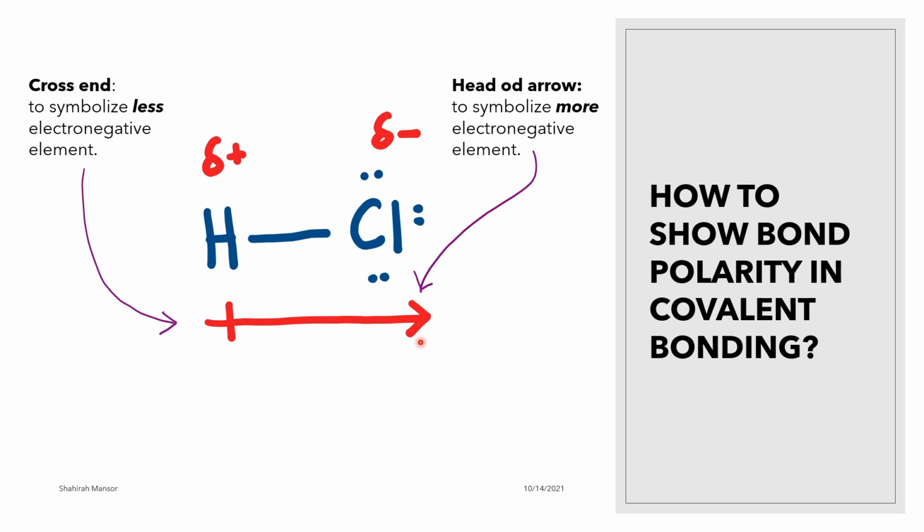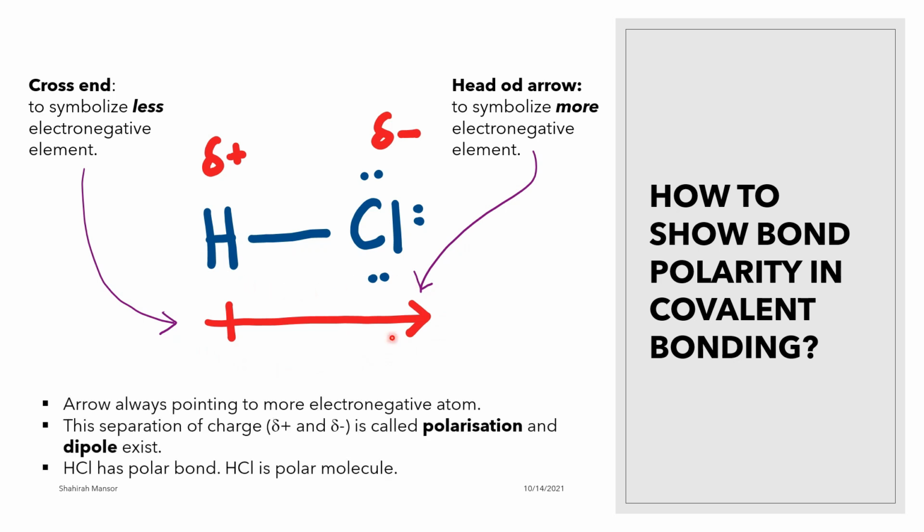So apabila ada sahaja perbezaan electronegativity antara dua atom sebegini, bond ini akan menjadi polar bonding. So we can symbolize this polar bonding dengan menggunakan this kind of arrow. So arrow will always pointing to the most electronegative atom, and the separation of charge here is called polarization, and bond dipole exists. Bond dipole ataupun bond polar lah, bond polarity exists.